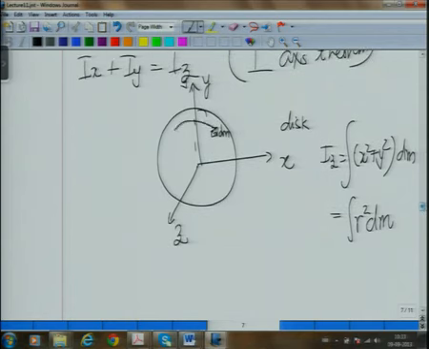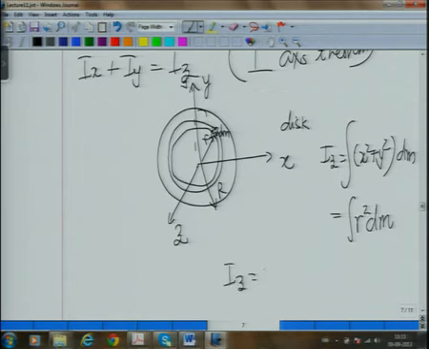So that means you can basically choose a small ring here, all this at a distance r, this total radius may be r, and then when you work this out you can show Iz is equal to mr square by 2.